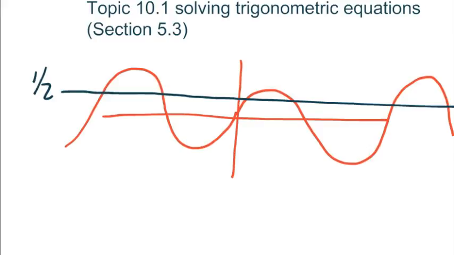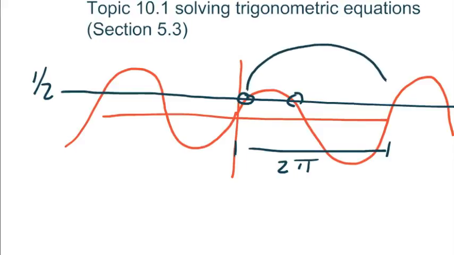And you see the same thing, that here's pi over 6, here's 5 pi over 6, and this is one period of the sine function. Then another place where this angle has a sine of 1/2 is here at pi over 6 plus a period.